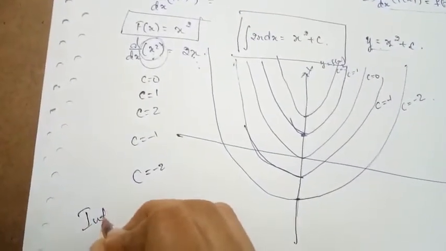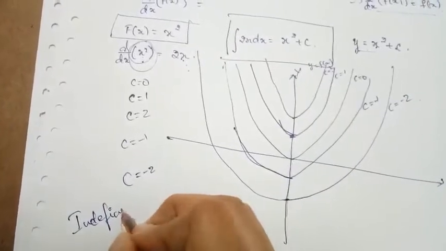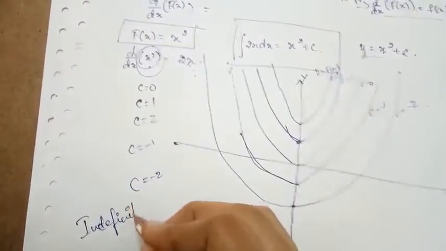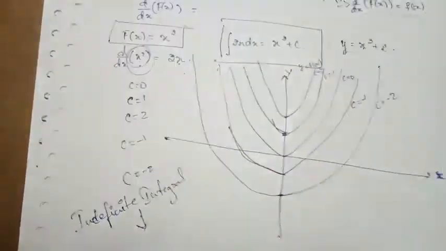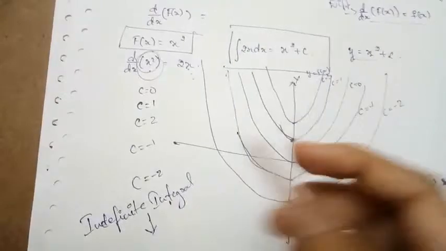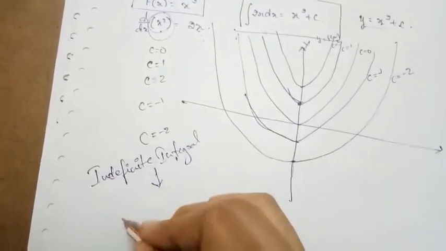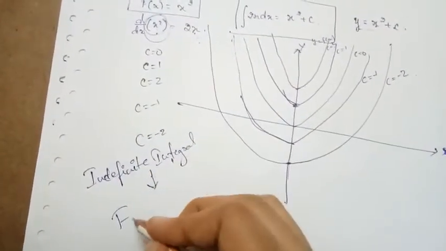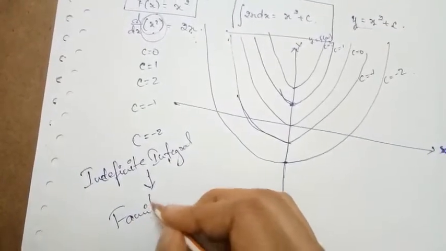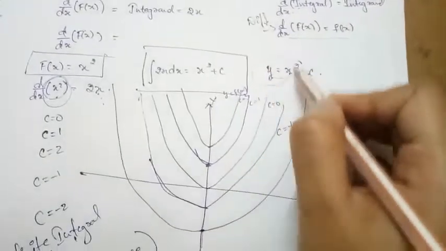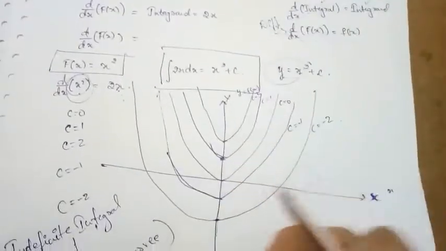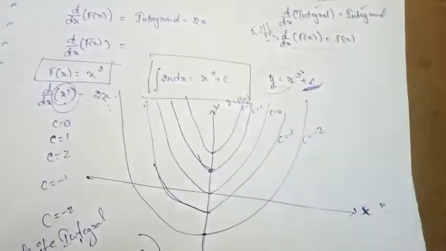So this is the graphical or geometrical representation of an indefinite integral. The indefinite integral gives us a family of curves, because the curve is only one, that is y is equal to x square, and we get the family based upon this arbitrary constant.